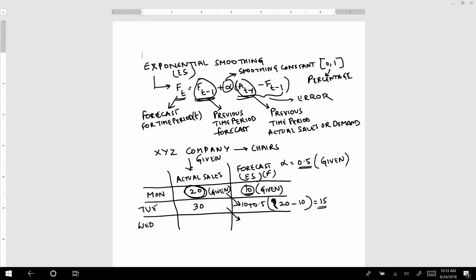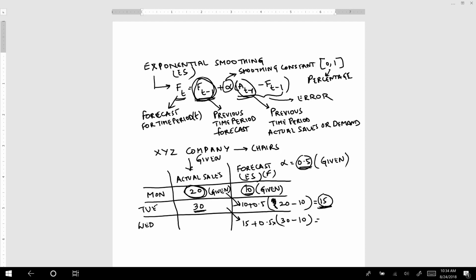I can use again the same formula: F of t minus 1, which is the previous time period's forecast, 15, plus alpha 0.5 multiplied by, and if you are putting it in a calculator you have to put multiplication in between, the actual value of the previous time period, 30, minus the forecasted value of the previous time period, which is 15.